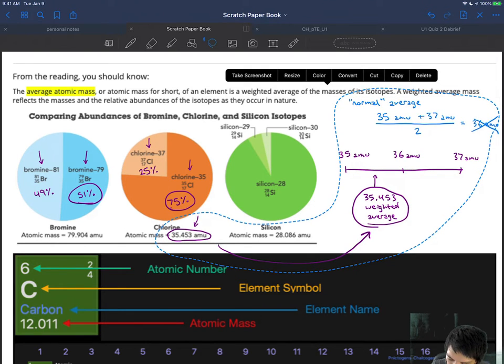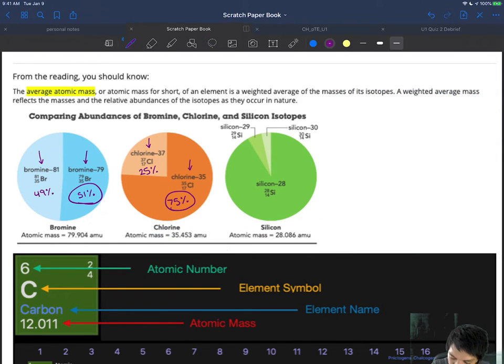In our last example, we have another element: silicon. Silicon actually has 3 different isotopes. There's silicon-28, which has an atomic mass of 28, silicon-29, and silicon-30.